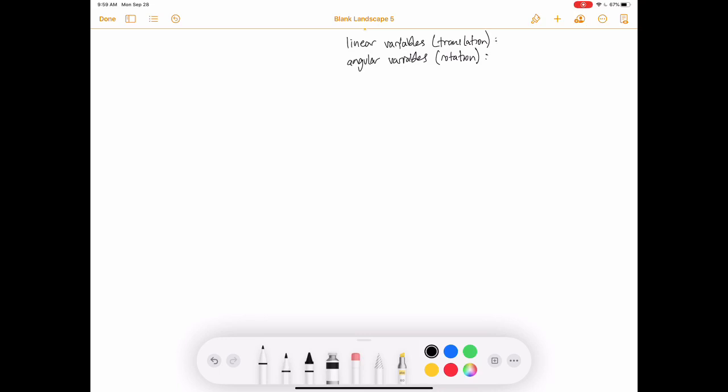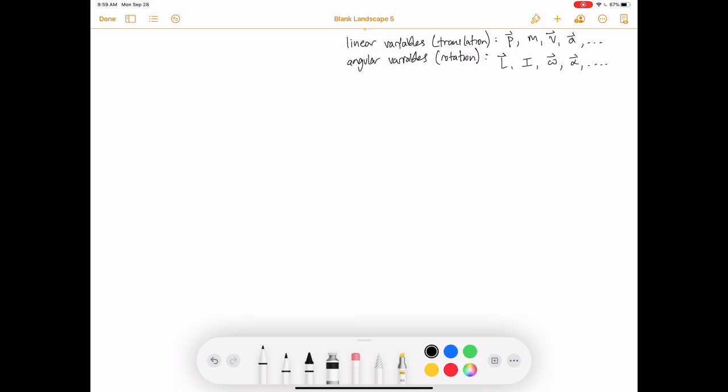For linear variables, we have things like p, which is linear momentum, m, the mass of an object, v, the linear velocity of an object, a, the linear acceleration, and we could list some more, but that's just a few of them. Now for angular variables, we have things like L, the angular momentum of an object, I, the moment of inertia, omega, what we call the angular velocity, and alpha, the angular acceleration. Again, there are more we could write down, but I'm just trying to give you a sense of what we're talking about here.